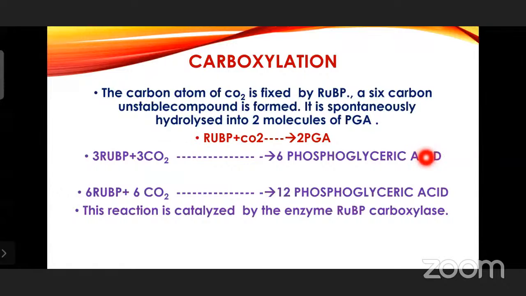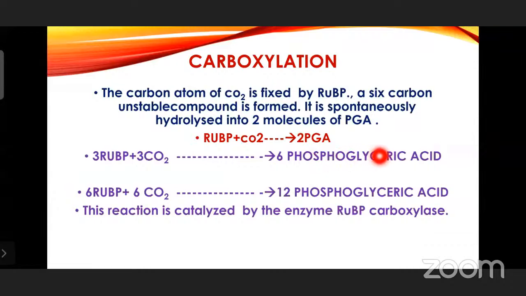In the previous slide, you have seen this: 3 RuBP, 3 carbon dioxide, and 6 phosphoglyceric acid formation. But actually 6 RuBP, 6 carbon dioxide, and 12 phosphoglyceric acids are going to form. And remember one thing here, from 6 PGA we got 6 phosphoglyceraldehyde in the reduction phase.